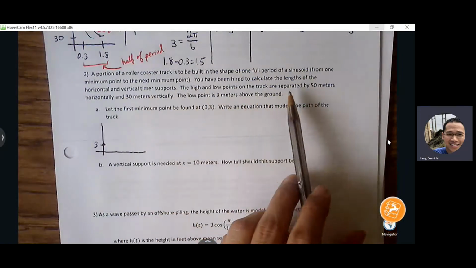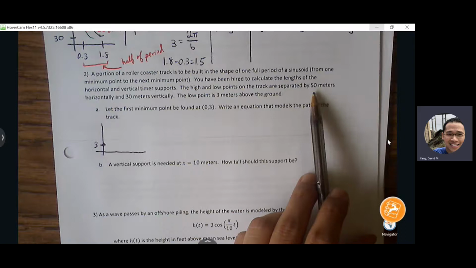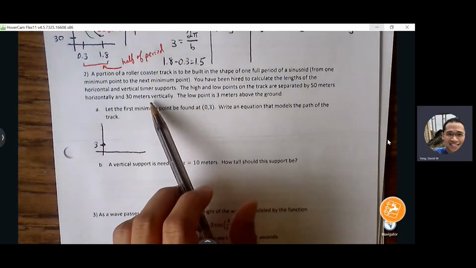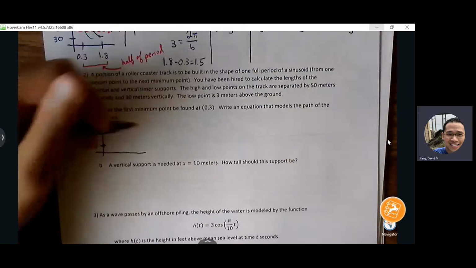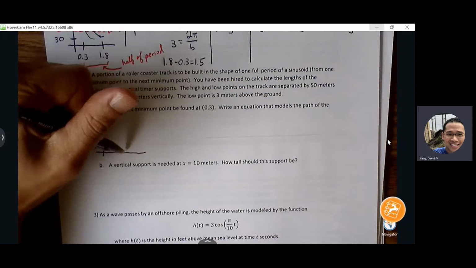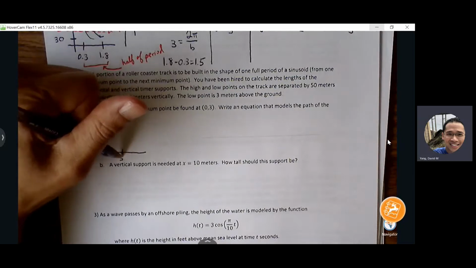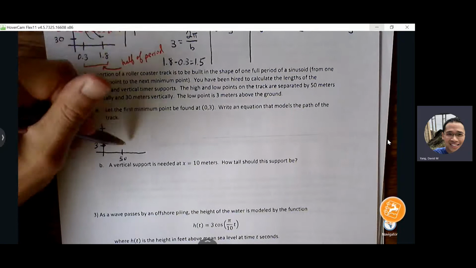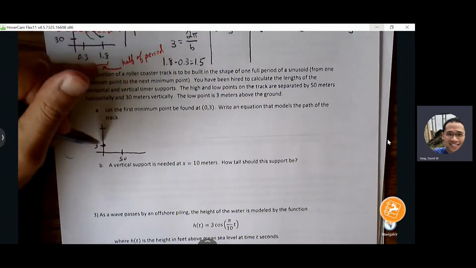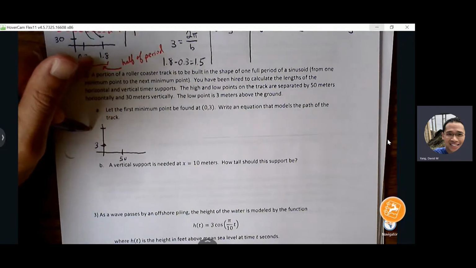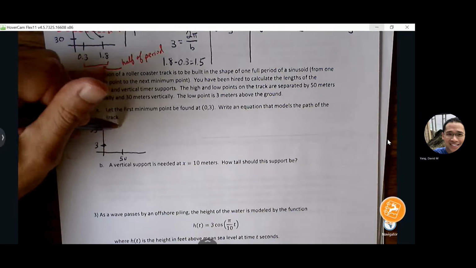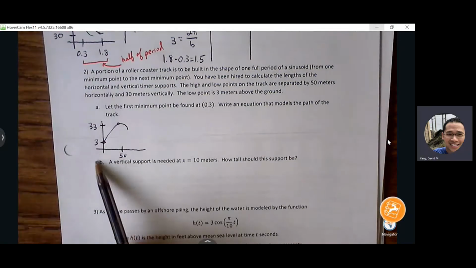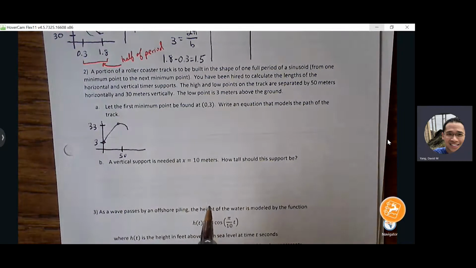The highs and lows are separated by 50 meters horizontally and 30 meters vertically. So that means 50 meters later, we should be at the peak. It says 30 meters vertically. So if I rise 30 meters from 3, I'm at 33. So I know my graph is going to start off like this.